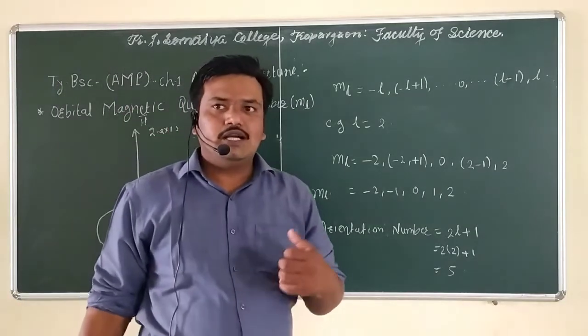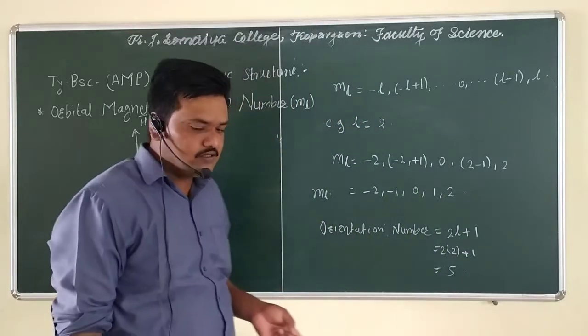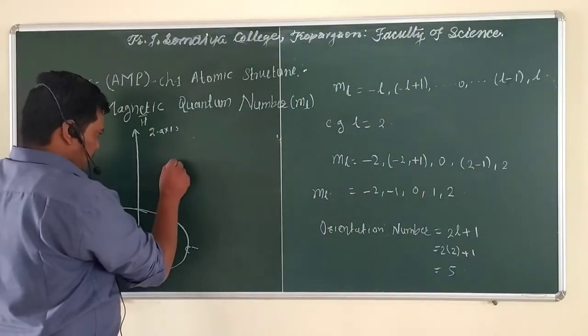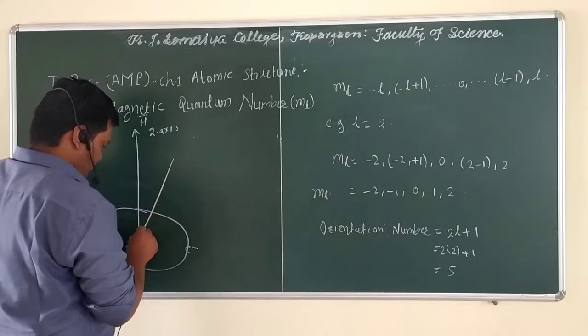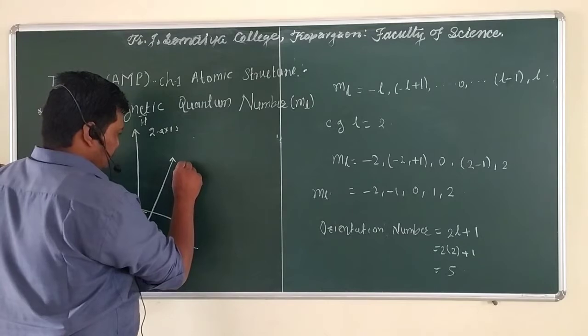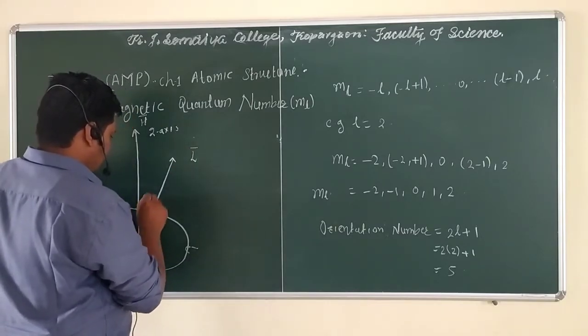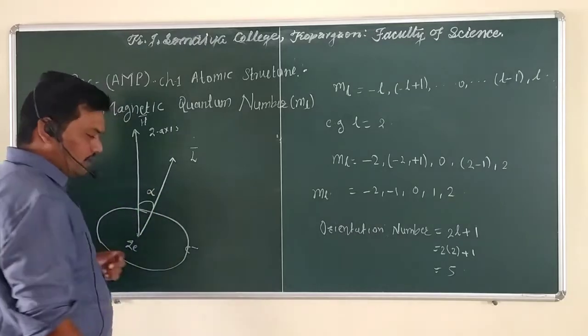So the angular momentum, given as L bar, interacts with the external magnetic field and gives the precession angle alpha.